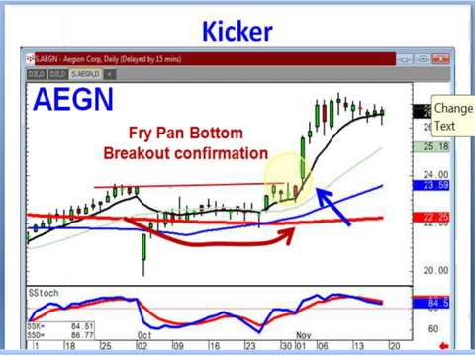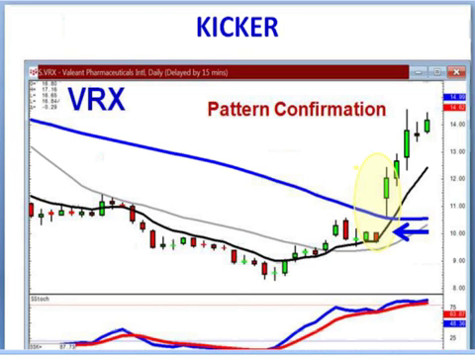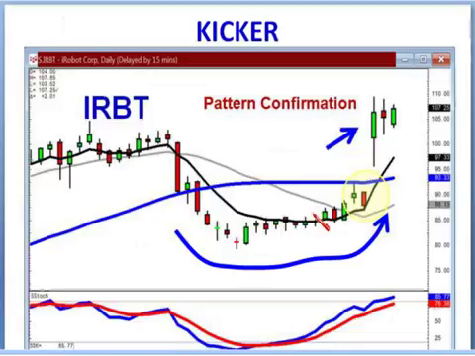All right. Let me get back to the kicker signal segment here. So again, this is confirming a fry pan bottom. Fry pan bottom.